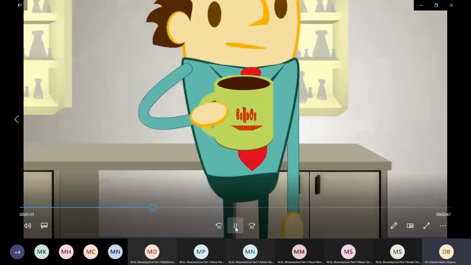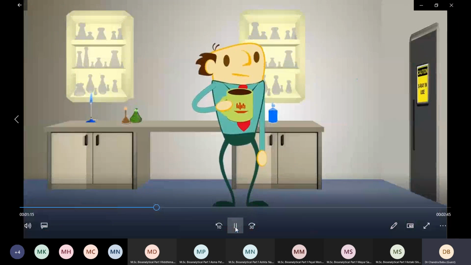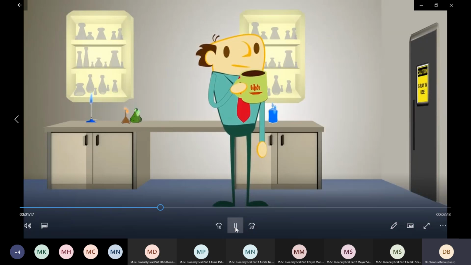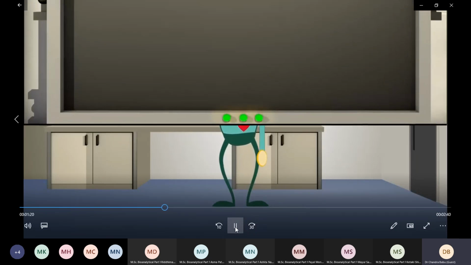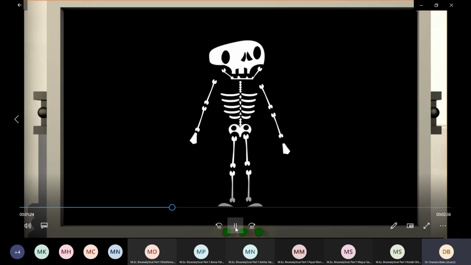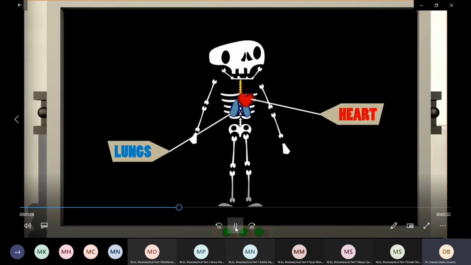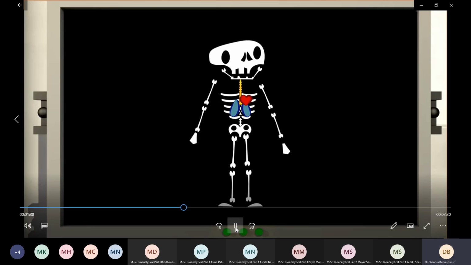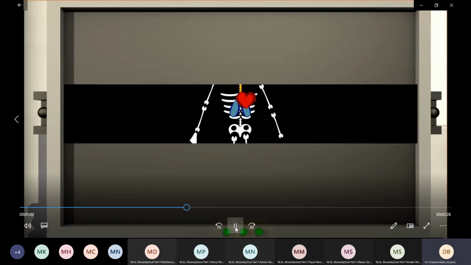A cup of coffee contains more than 1,000 different chemicals. You, me, and all living things are highly complex and organized collections of chemicals. These chemicals form cells, tissues, and organs, like the heart or lungs. Chemical reactions are continually taking place in our bodies and keep us alive.